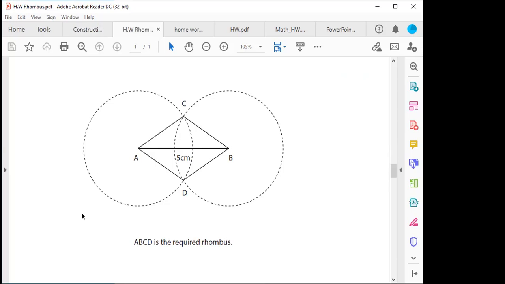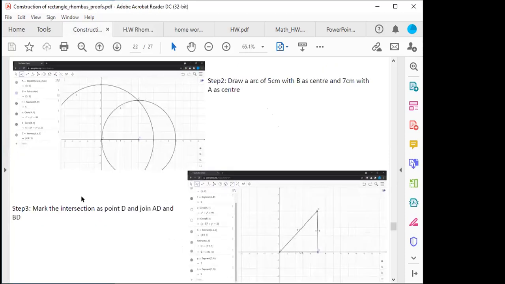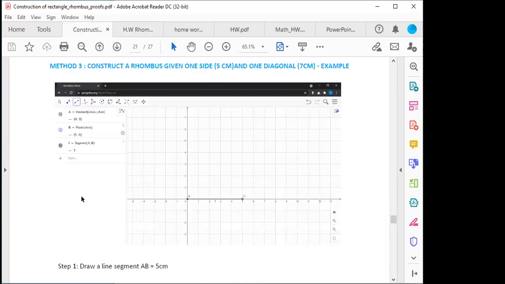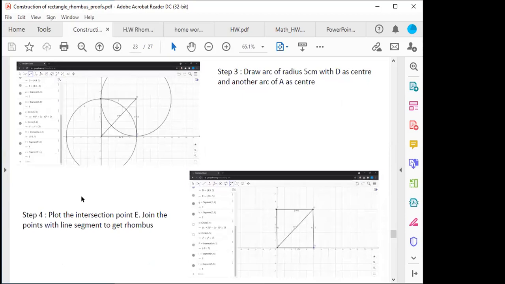See, in this case, what is happening is you are first using the scale to draw a line, step one. Then you draw two arcs, steps 2 and 3. Then you again use the scale to draw two line segments, 4 and 5. Then you again draw two arcs, steps 6 and 7.